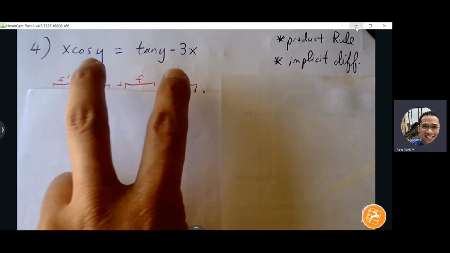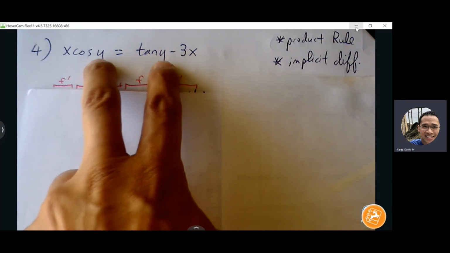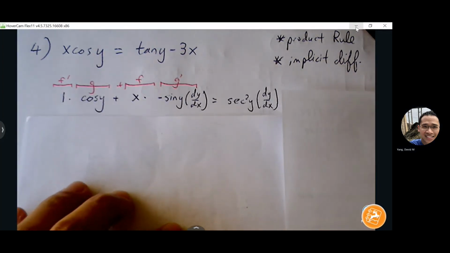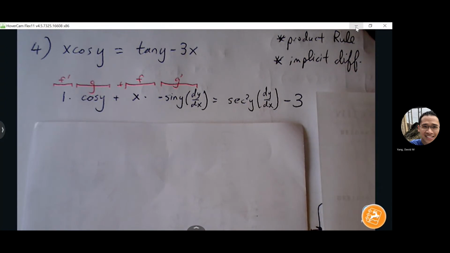Okay, we know we have to collect our dy dx's as they're going to pop up when each of these respective derivatives are applied. So that's the only calculus step there.